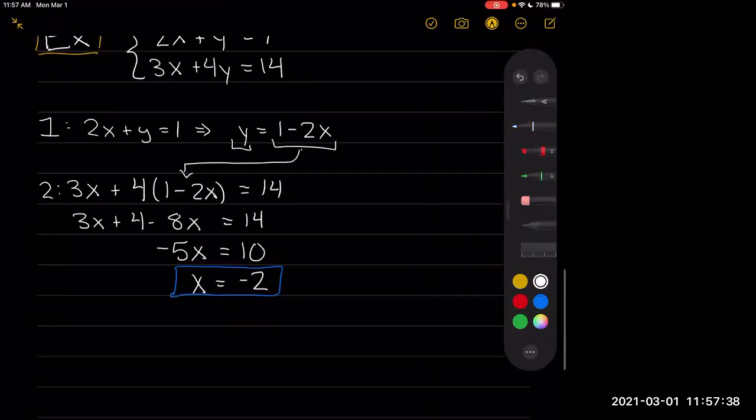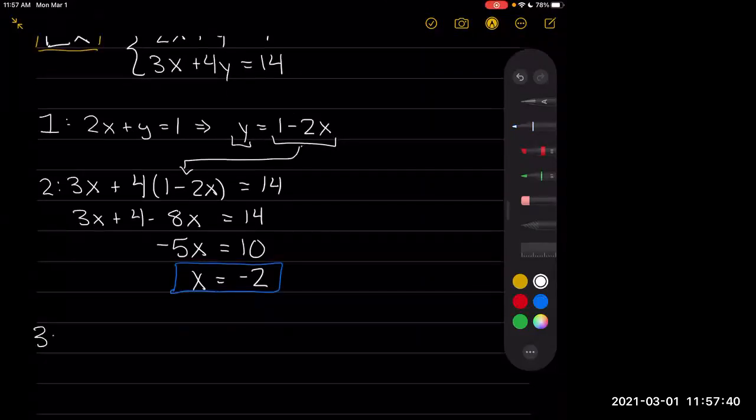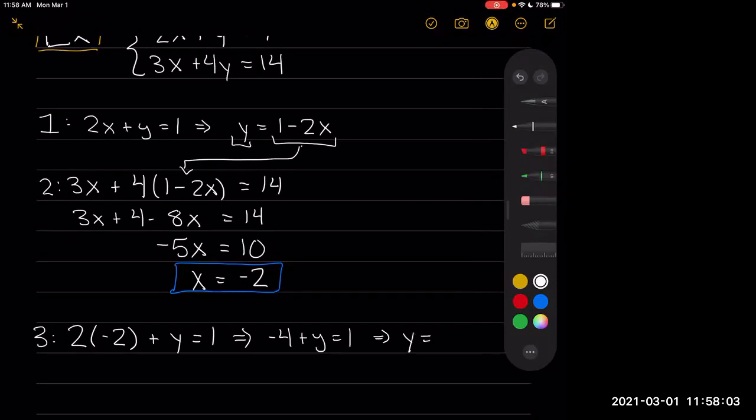And now we're going to back substitute. So we're going to take this x and we're going to plug it into our original equation. So we're going to have 2 times negative 2 plus y equals 1, which becomes negative 4 plus y equals 1. Adding 4 to both sides, we end up with y equals 5.